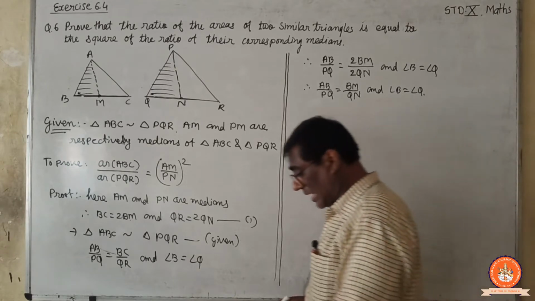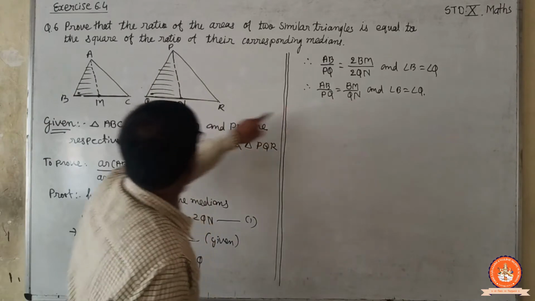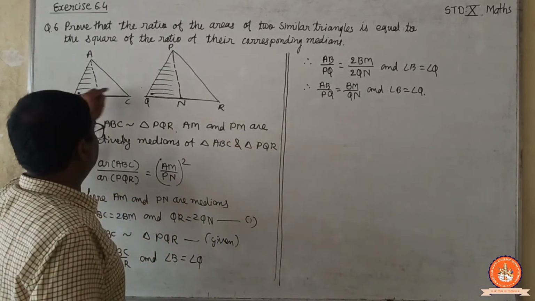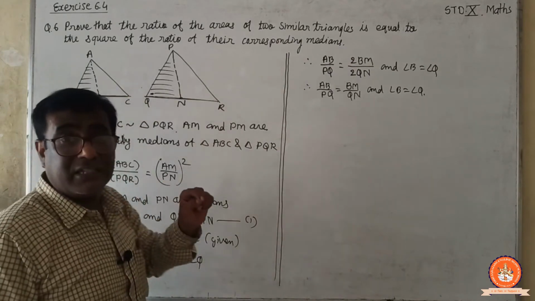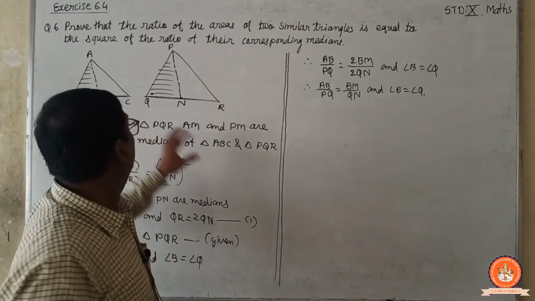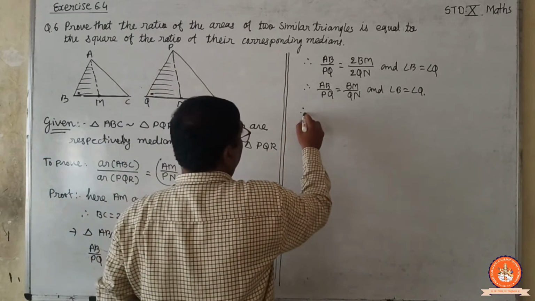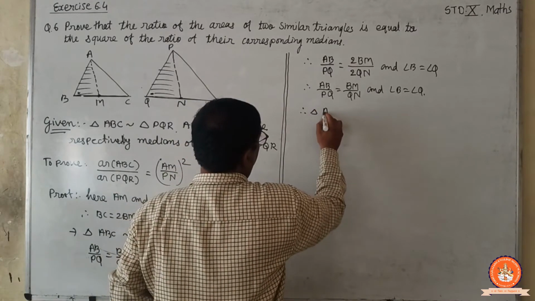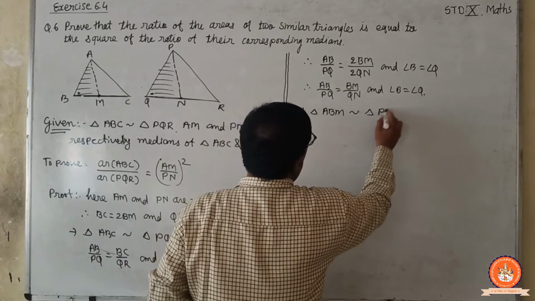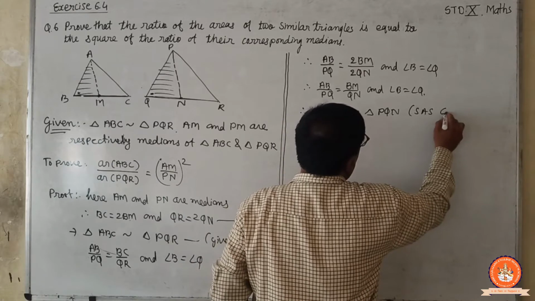Look at it, these two triangles, AB upon PQ is equal to BM upon QN, is it? And angle B is equal to angle Q. Now as per SAS, side angle side criteria, now we can write these two triangles to be similar to each other. So therefore triangle ABM is similar to triangle PQN as per SAS criterion.